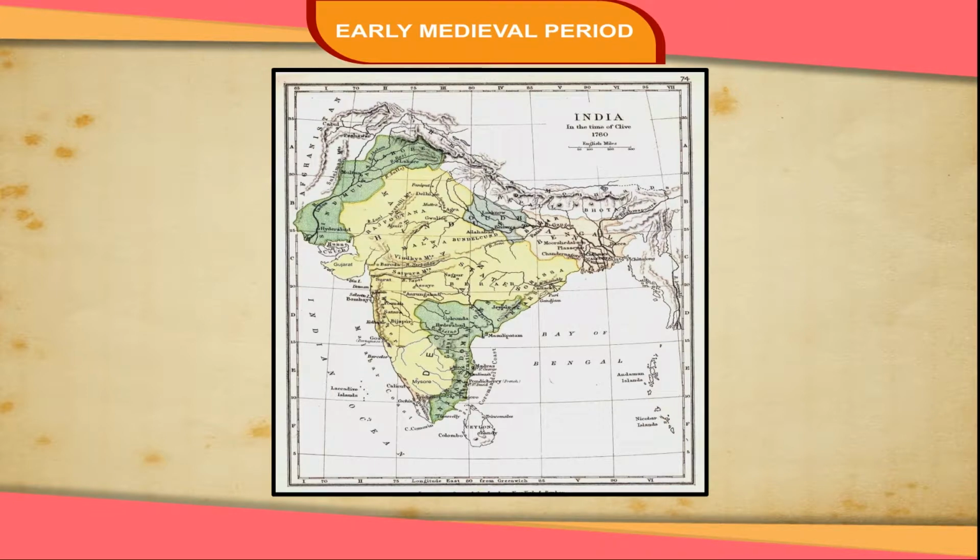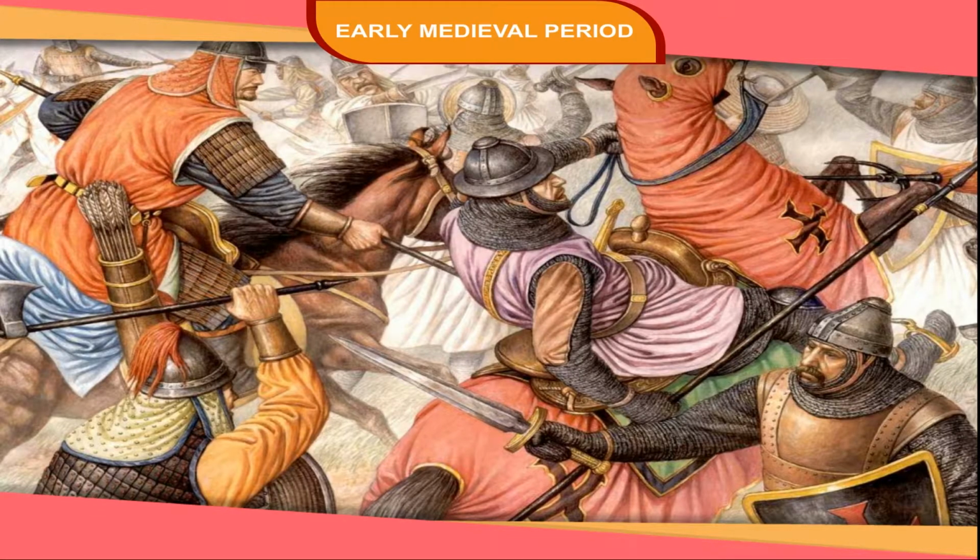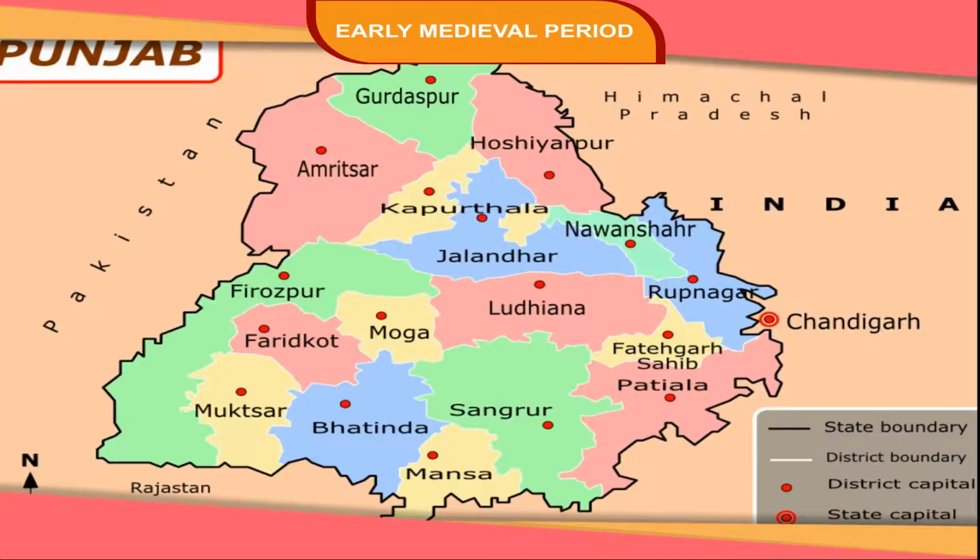Then he returned his attention towards Punjab and Ganga Valley. So, both Prithviraj Chauhan and Mohammed Ghori wanted to control Punjab and Ganga Valley. This conflict led to two important battles in 1191 CE and 1192 CE at Tarain near Bhatinda.